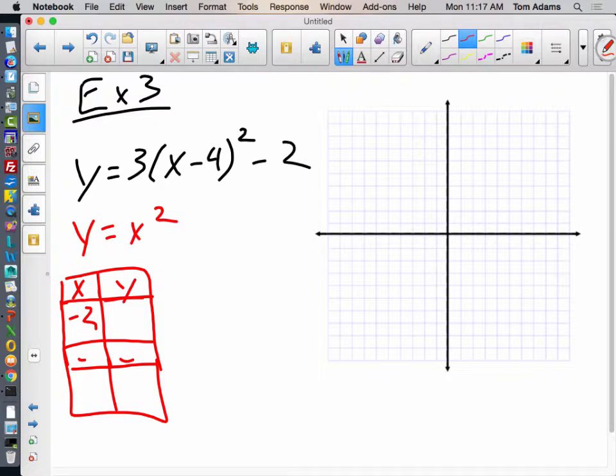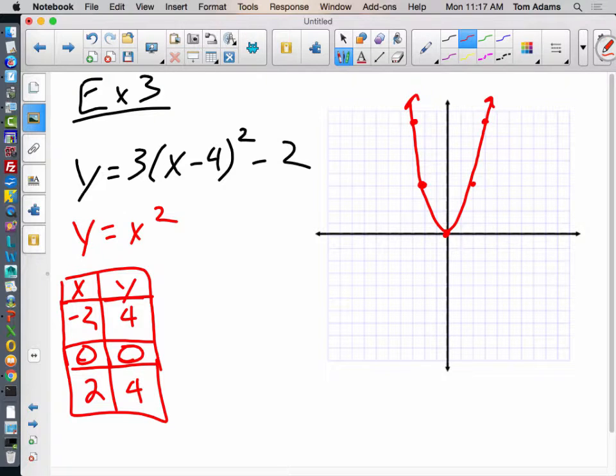So negative 2 is 4, right? And then positive 2 is 4. So if I plot those points, I've got 0, 0, 2, up 4, and negative 2 is 4. If I were to do negative 3, it would be 9. So negative 3 would be here, and then positive 3 would be here. So my parabola kind of looks like this.